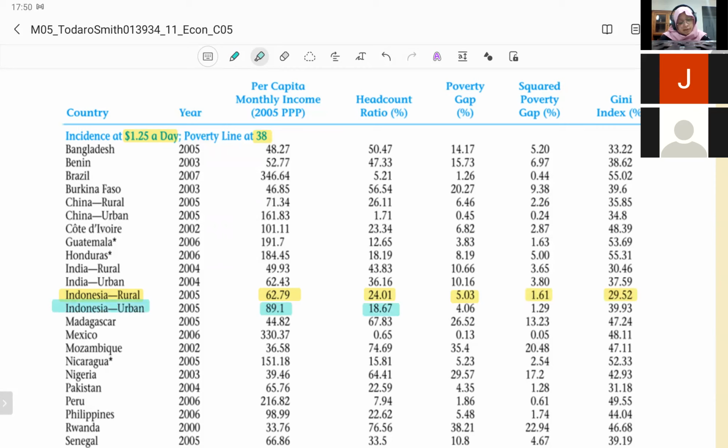So 18% of people who live in the urban area are poor, and the poverty gap is 4%. The squared poverty gap is 1.29, and the Gini index is almost 40%. Oh, it seems like the income distribution is more unequal in the urban area compared to the rural area.